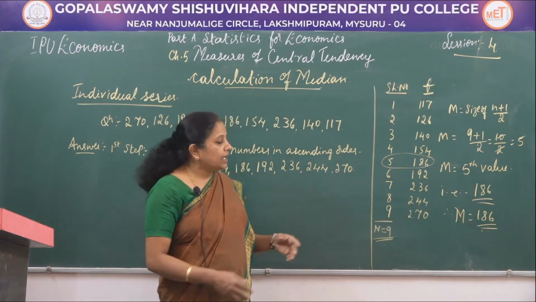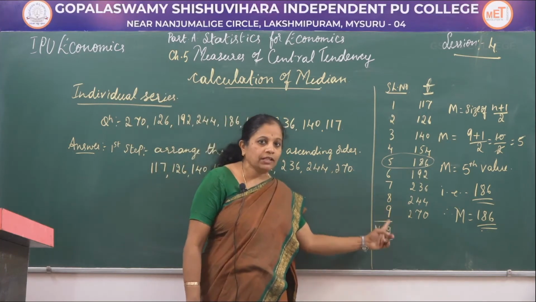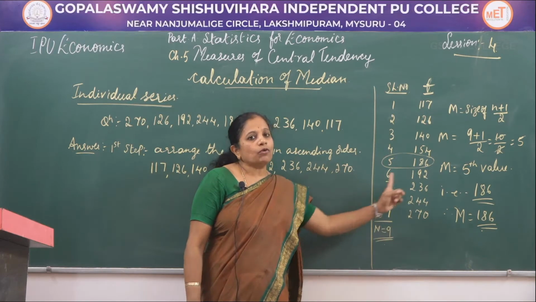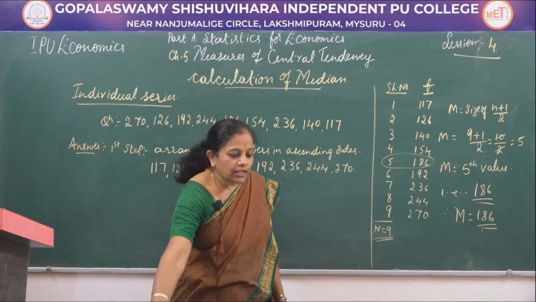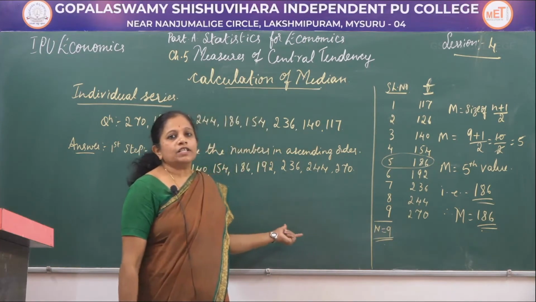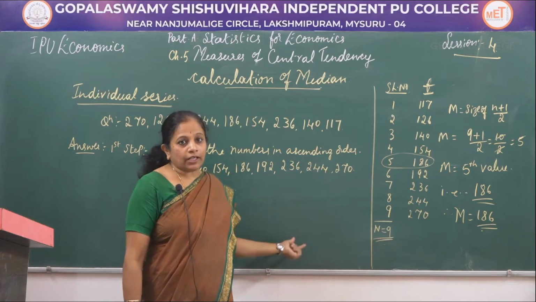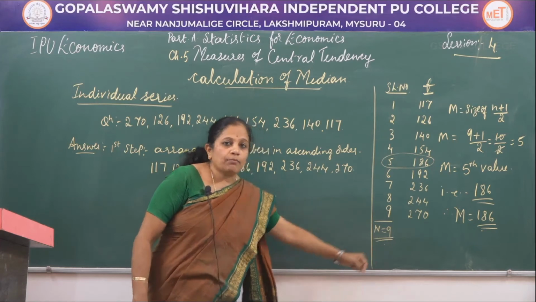Suppose if we get an even number here, if one more number exists in the series, then how to calculate the median? Let us see for that. So let us go for one more addition here. Now let's take one more example for the calculation of the median for the even number n.